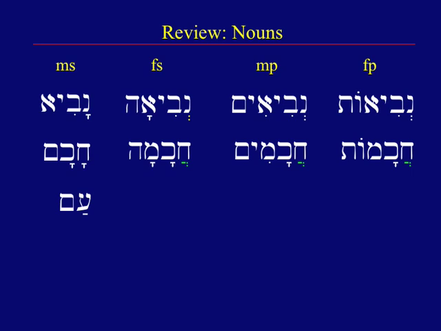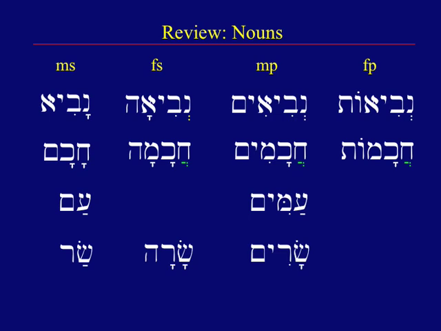People. This is a geminate noun, and the gemination shows when it's plural. Amim. Similarly with sar, we expect the gemination to show when plural, but remember that when we cannot put a dagesh in a resh, we get compensatory lengthening.